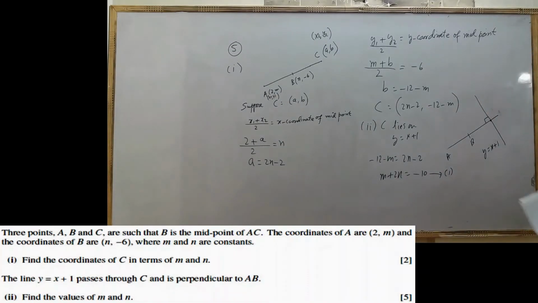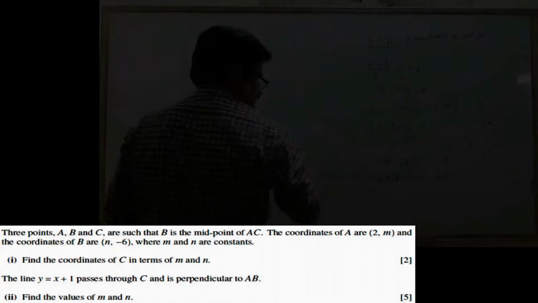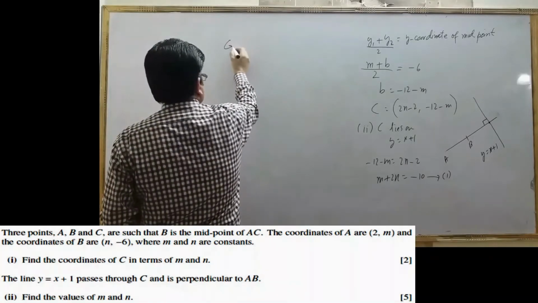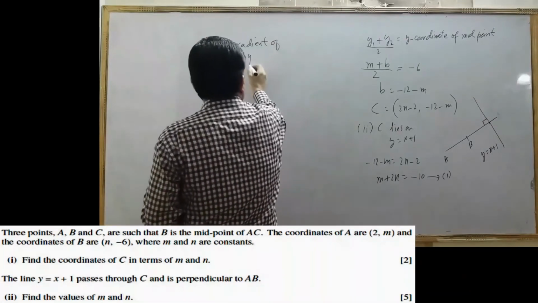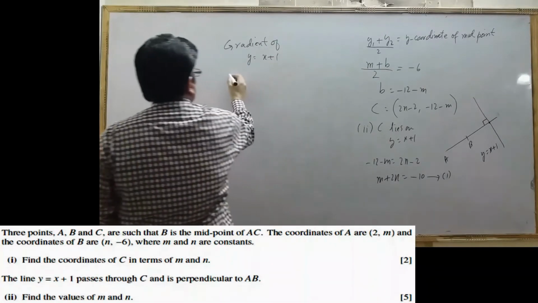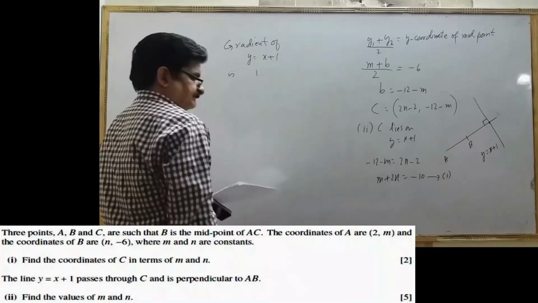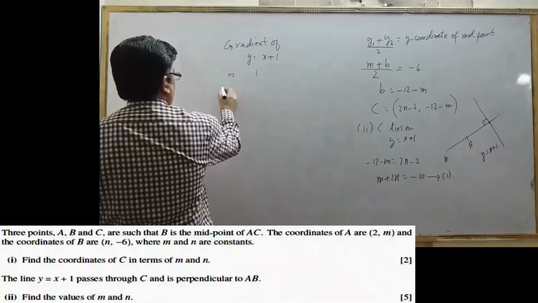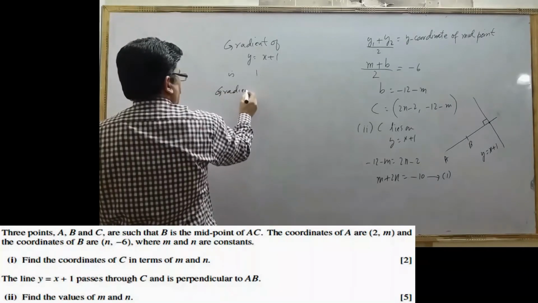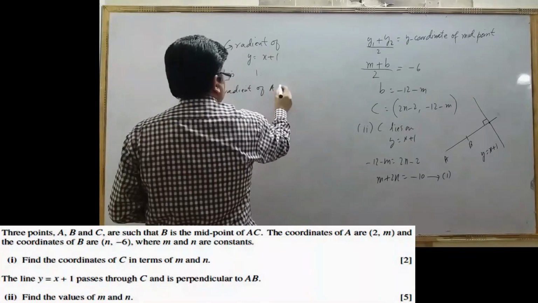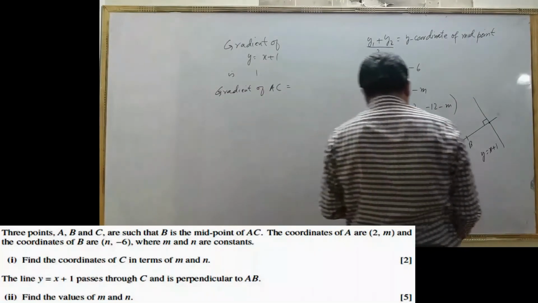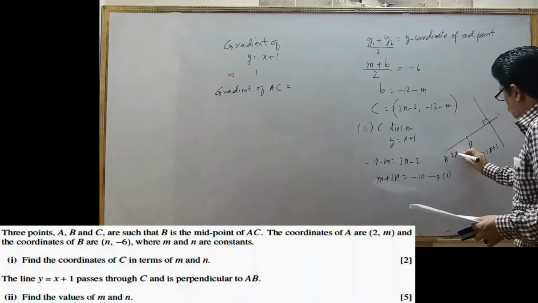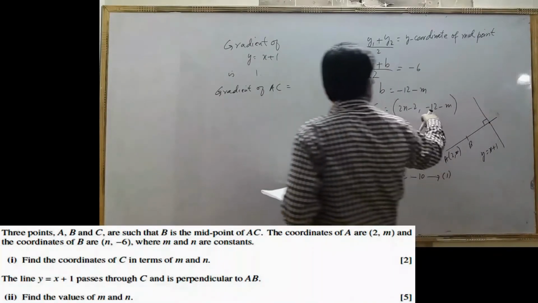Now how will we get the second equation? We use this relation that they are perpendicular. Now gradient of y is equal to x plus 1 is 1, and gradient of AC is equal to: A point is 2n, and we have the C point.